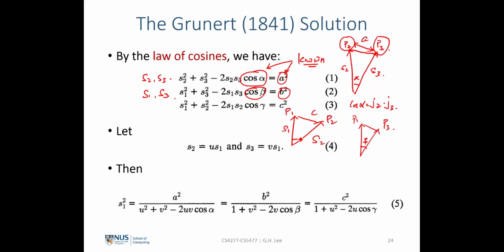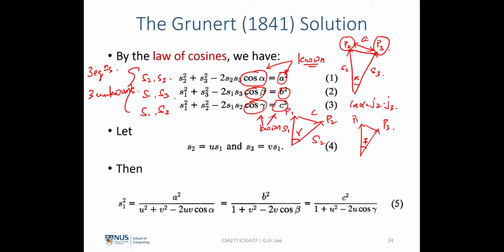And the cosine of the angle here, which we call gamma, and C are known values. The unknowns here are S1 and S2. And as a result, we get three equations and three unknowns, which we can then solve using these three sets of equations.